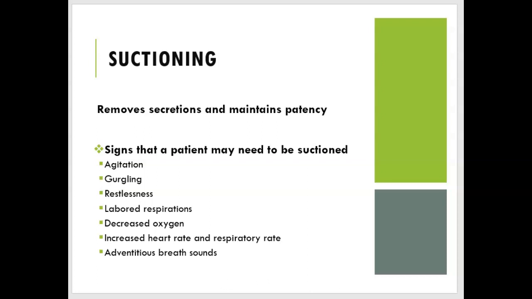If their tissues are not getting oxygen, their heart rate's going to increase and their respiratory rate is going to increase to try to compensate for that. Their tissues are saying, oh, I need help, I need oxygen. So increased heart rate, increased respiratory rate. And again, I already mentioned the adventitious breath sounds. And adventitious is that word that means abnormal.